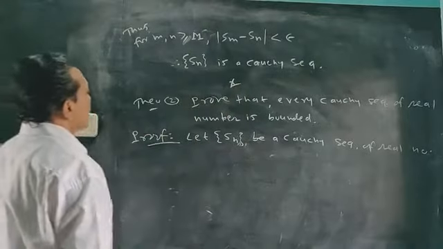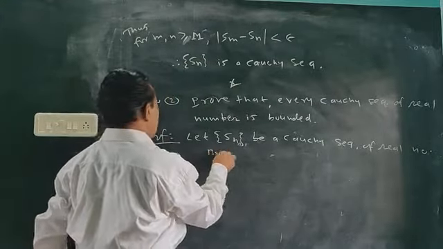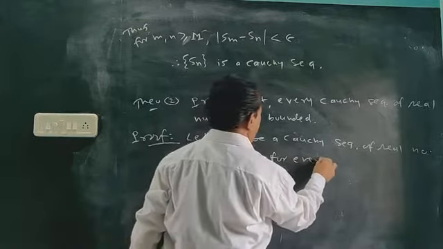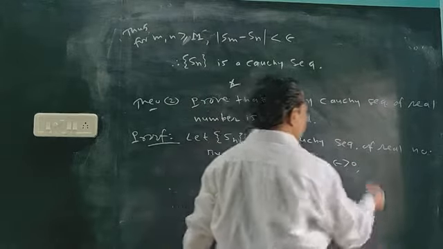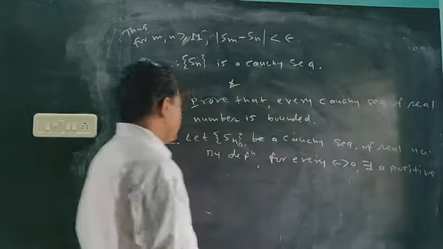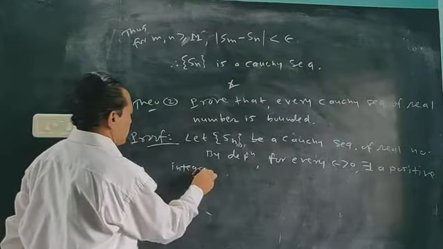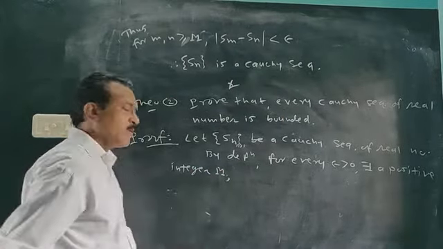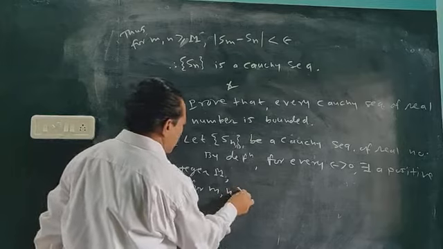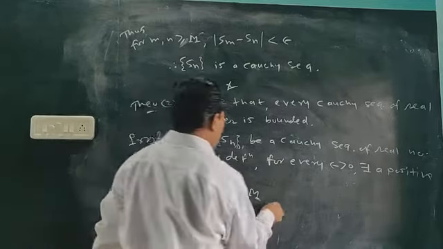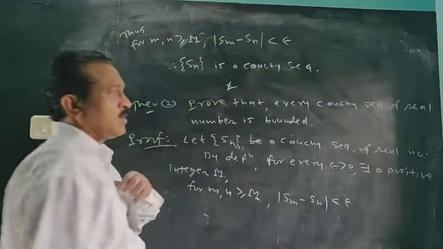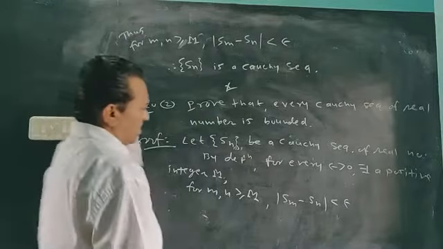By the definition of Cauchy, for every epsilon greater than 0, there exists a positive integer M such that for m and n greater than M, we have mod of Sm minus Sn less than epsilon. This is the general definition of a Cauchy sequence.